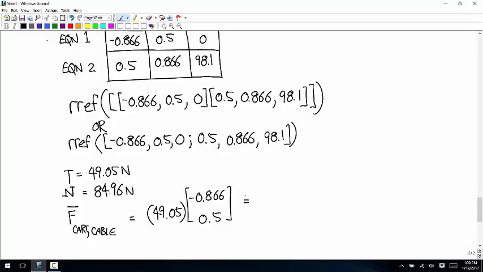And so that is, what do you get? 49.05 times negative 0.866? Negative 42.5? 48. And then this one's 24.25. 24.525.